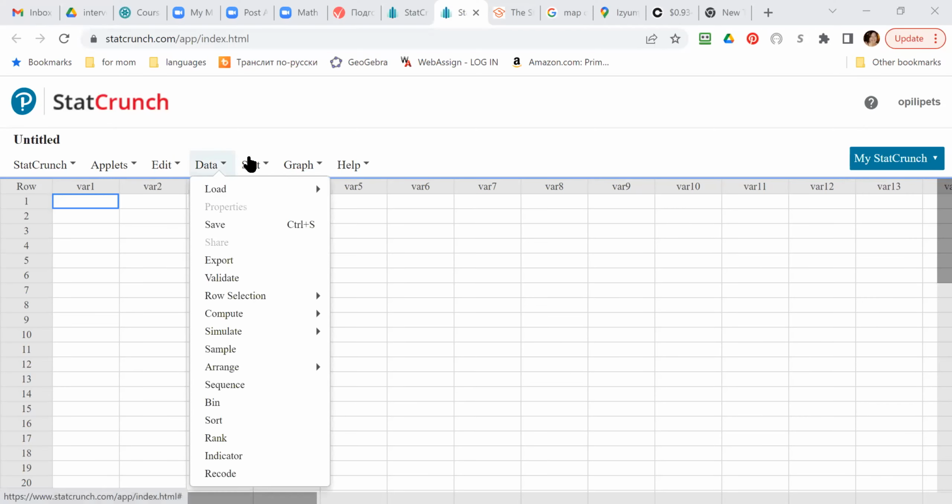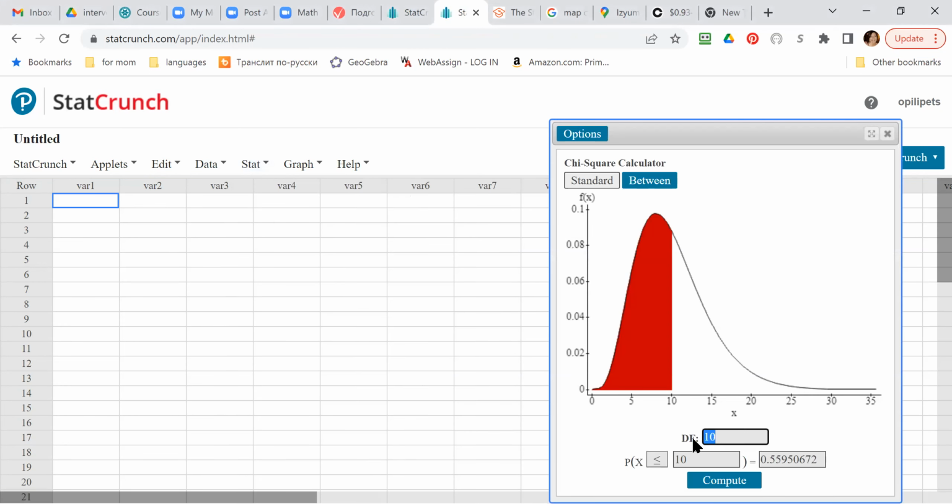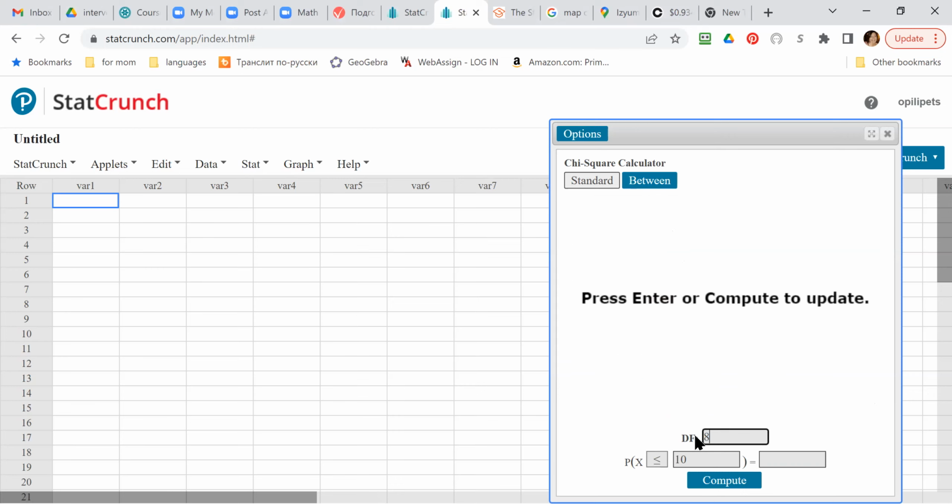So if we go to our StatCrunch, we're going to open calculators this time. We're using the chi-square distribution with the degree of freedom 80, because our sample size was 81.